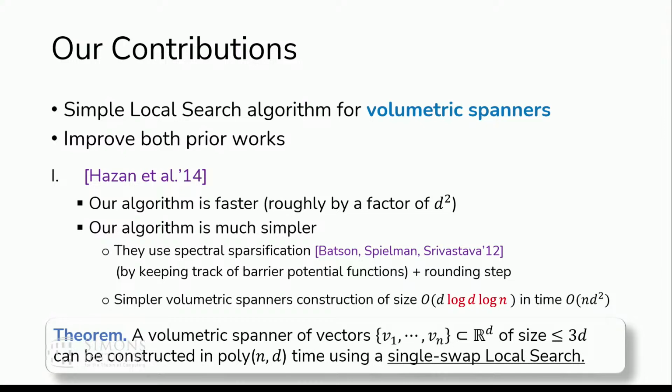So the simplicity was actually important even for them, because it has many applications, and they want it to be simple enough to be used in applications. They desire something simple as well.